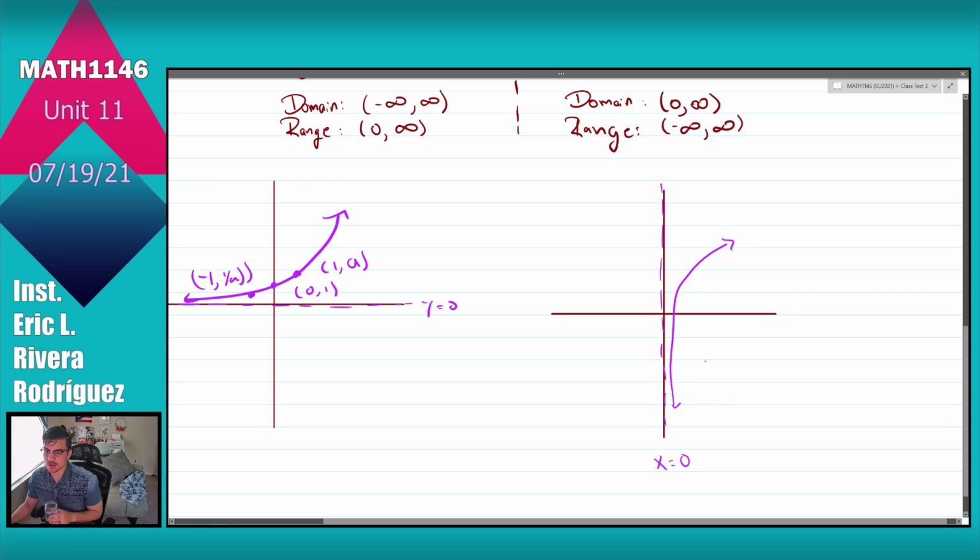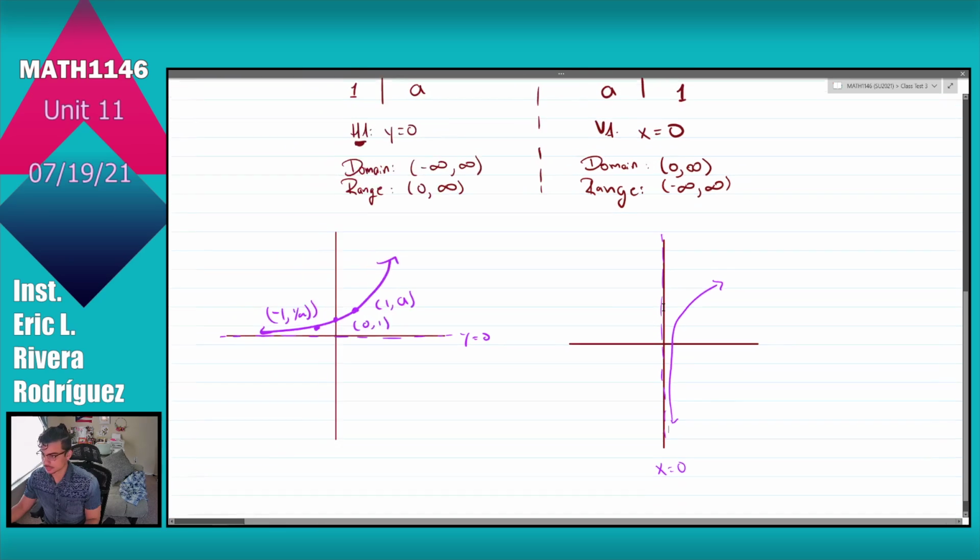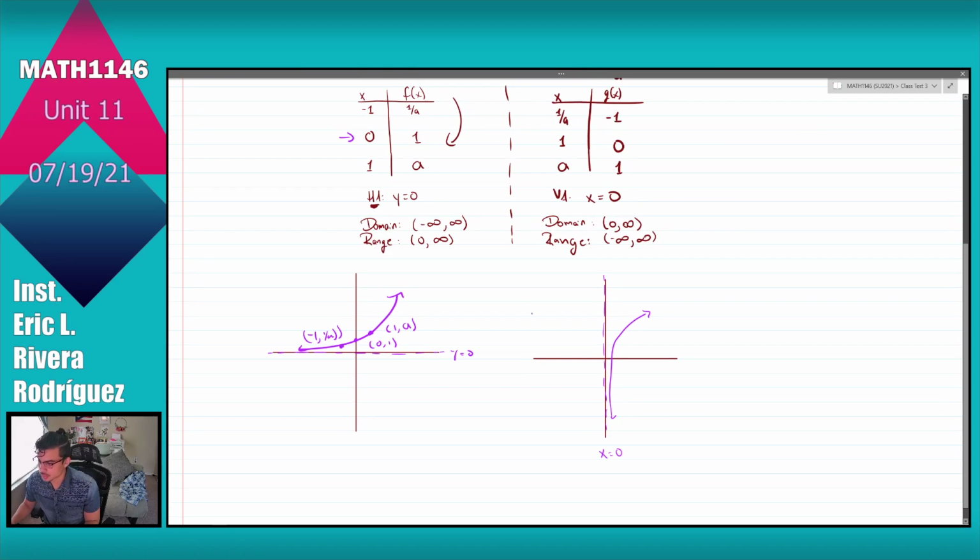This is the shape of the logarithmic function. So we have 1 over a, negative 1 here. We have 1, 0, and we have a and 1.